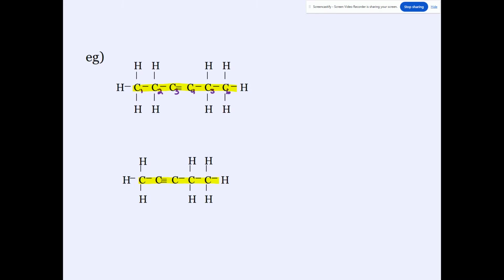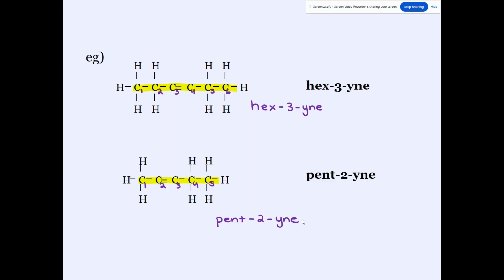I think for this one, either way we do it, it's carbon 3 and 4. So the name is hex-3-yne. Okay? The next one, 1, 2, 3, 4, 5, would be pent-2-yne.